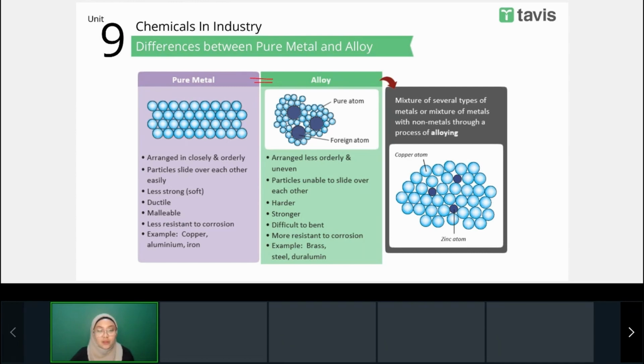Okay, first of all, you have to know what is alloy. Alloy is the mixture of several types of metal or mixture of metal and non-metal through a process of alloying. This one is the definition.